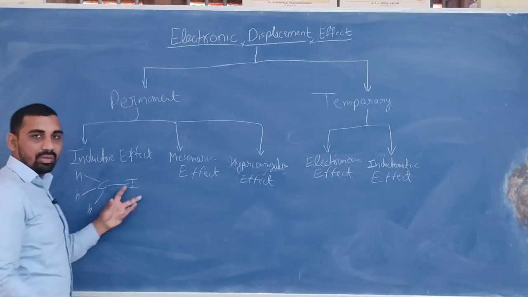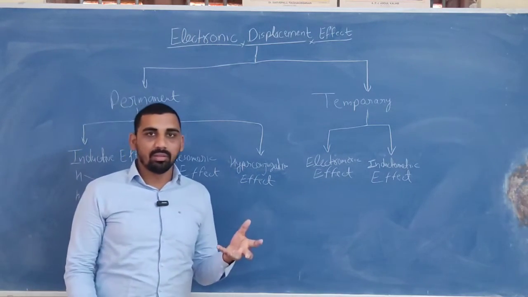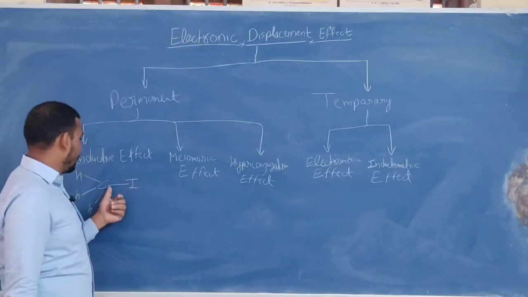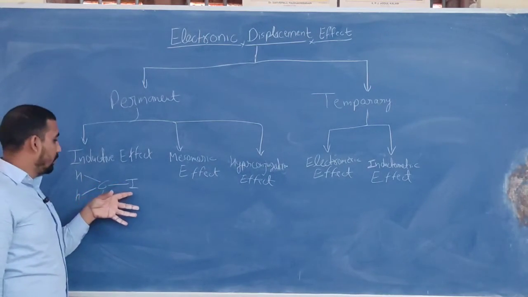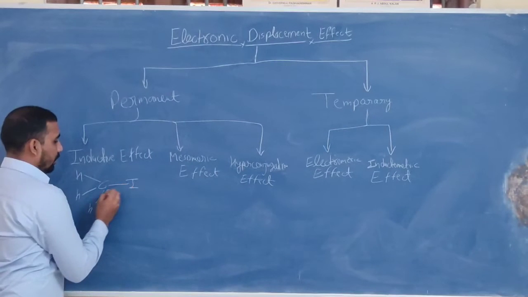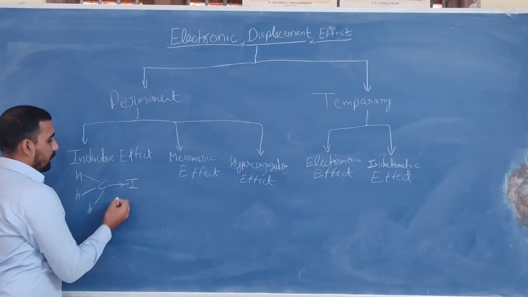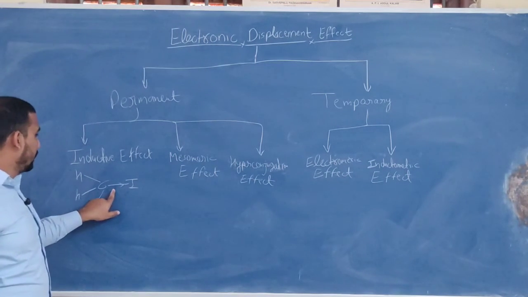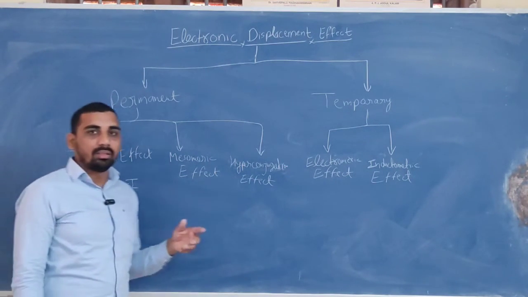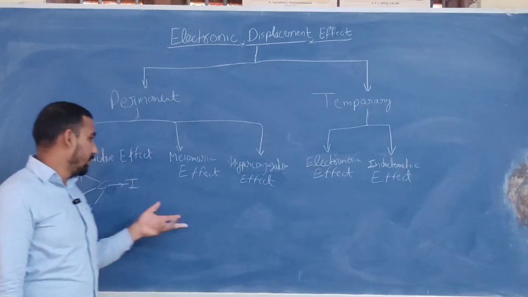What happens due to the electronegativity of iodine? The electron between these bonds is more pulled toward this electronegative atom, and this is operating through sigma bonds only. That's why I said this is mainly applicable in saturated compounds.